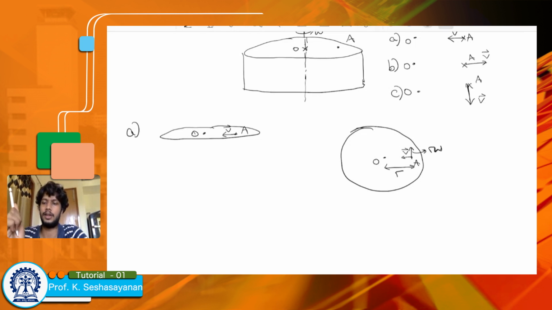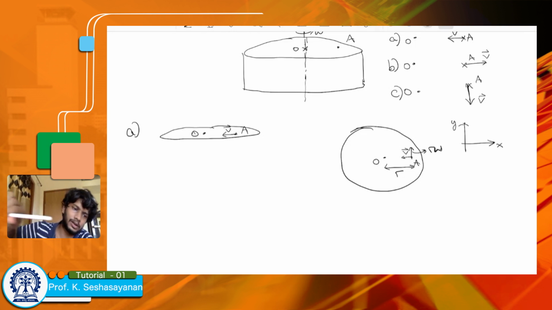So the ant will not just have a velocity along the direction joining O and A. It will also have a velocity in the perpendicular, or tangential, direction.